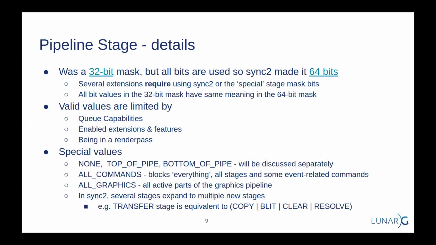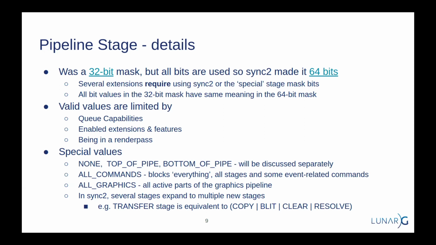All graphics is only the graphics part of the pipeline, so not transfer or compute operations. And in synchronization 2, several of the stages have been split up, such as transfer, which has been split into four different stages.